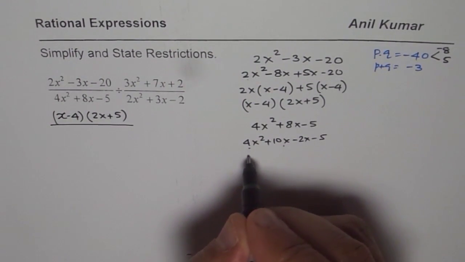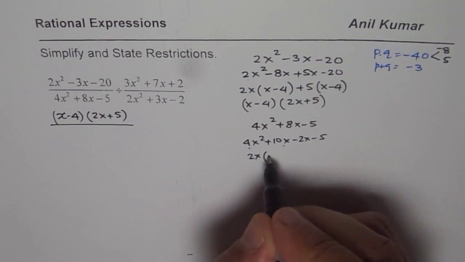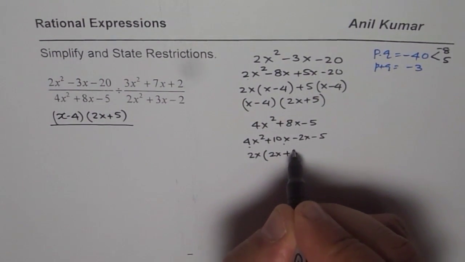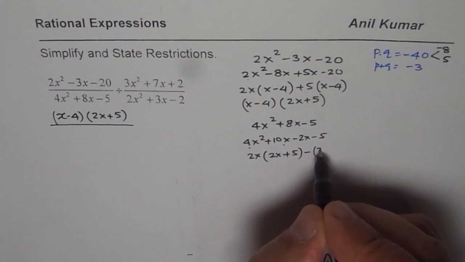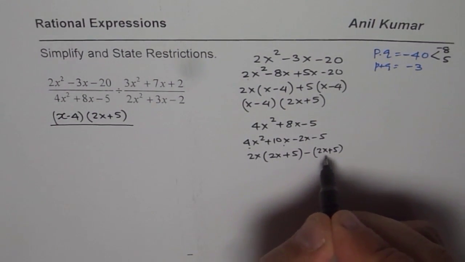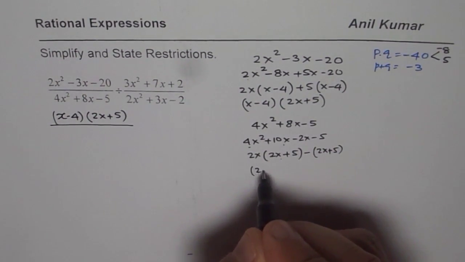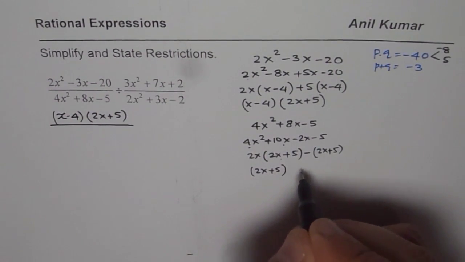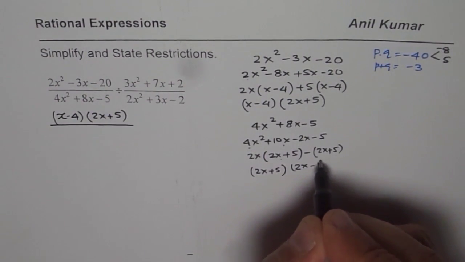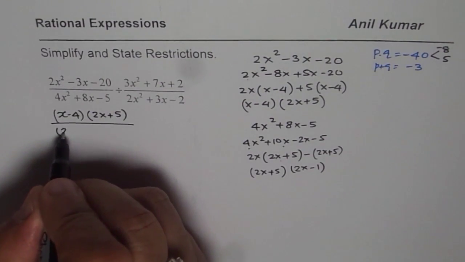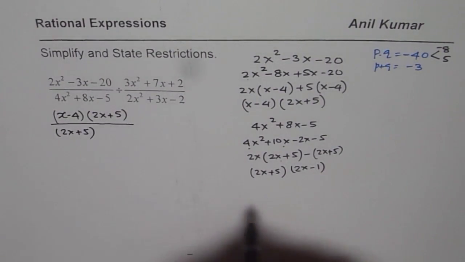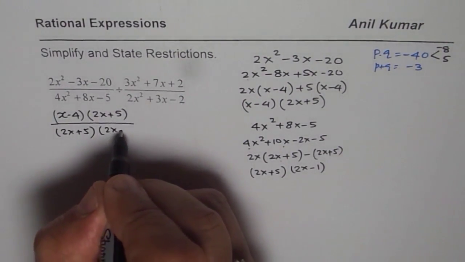Combine these two. So 2x is common here, so we get 2x plus 5. Here we'll take minus common, 2x plus 5. Remember, they will always be the same. If you don't get them the same, you have to check your solution. Okay, so that's the key. So we get here 2x plus 5 times 2x minus 1.